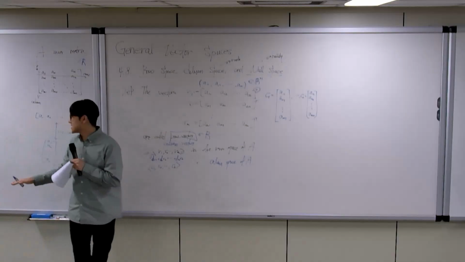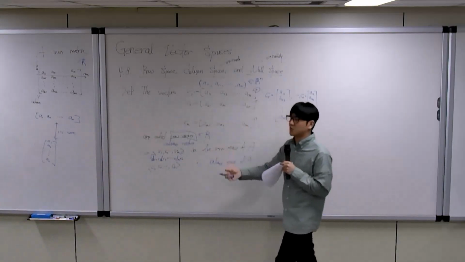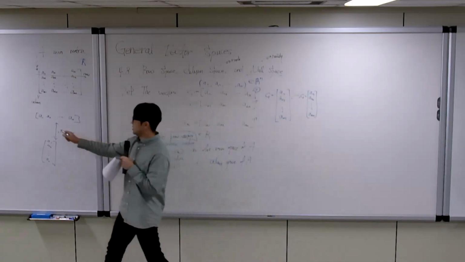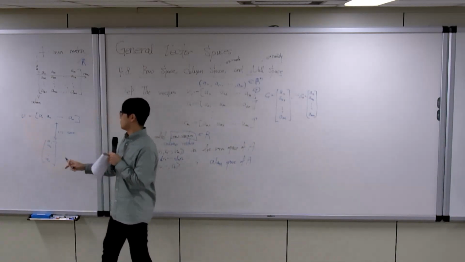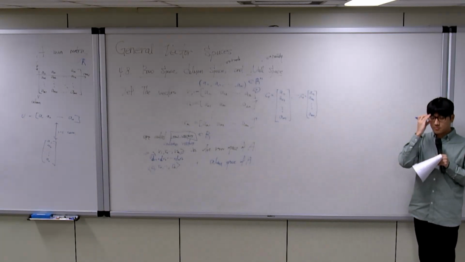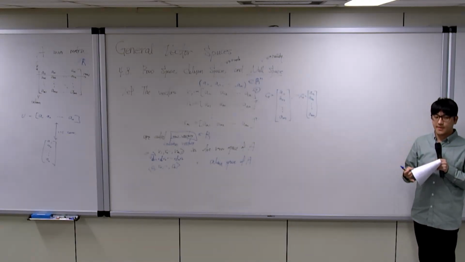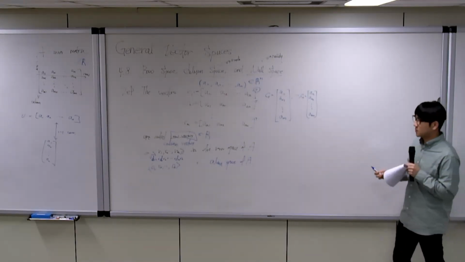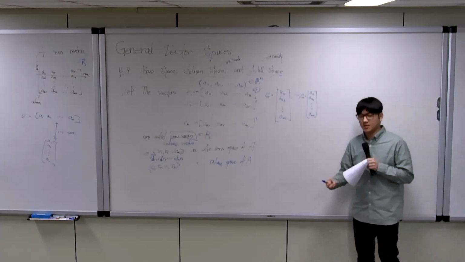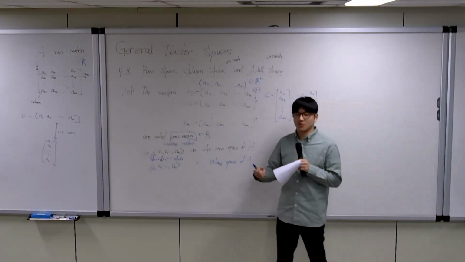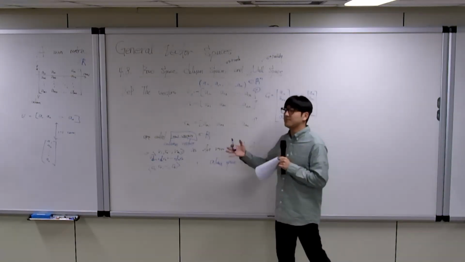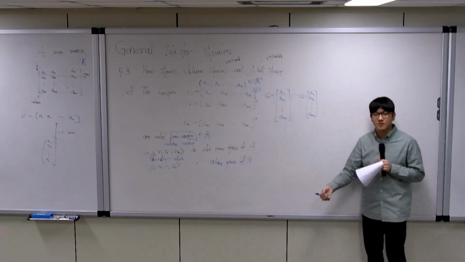It is not the same element, but it expresses some vector V. We do not need to always, because a column vector is just an expression of a vector.